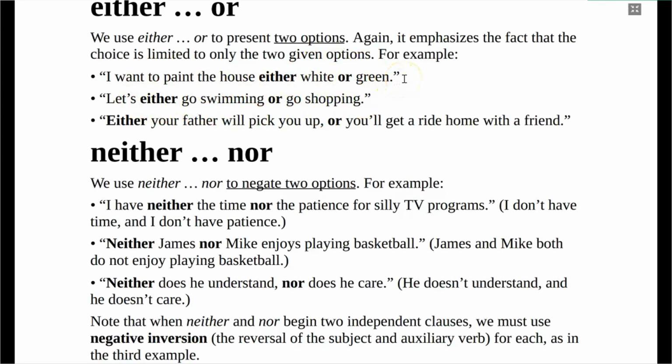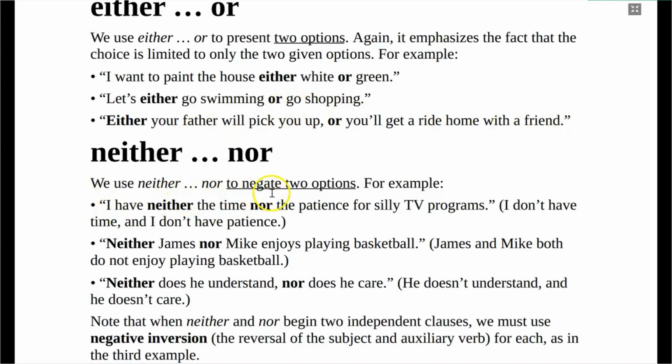No, only two options. Let's either go swimming or go shopping. Don't say let's either go swimming, shopping or hunting. No, just two. Either your father will pick you up or you will get a ride home with a friend. So two options.